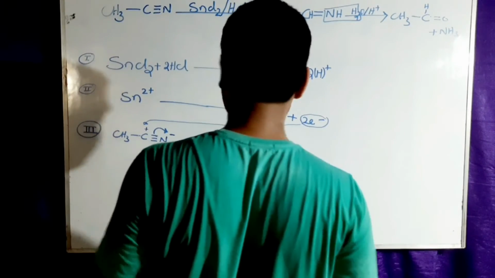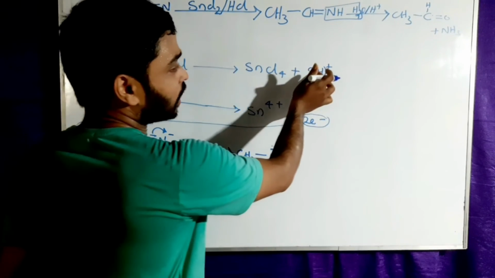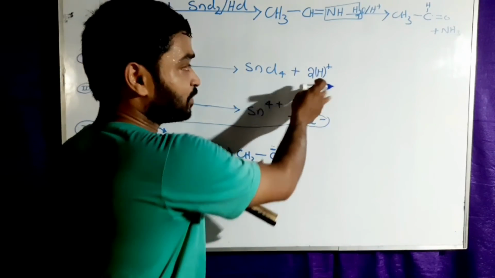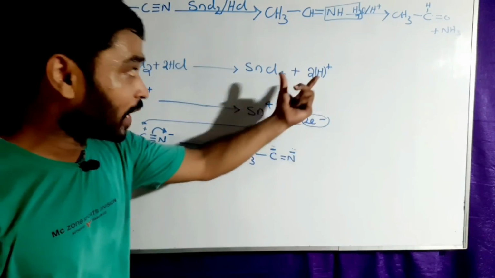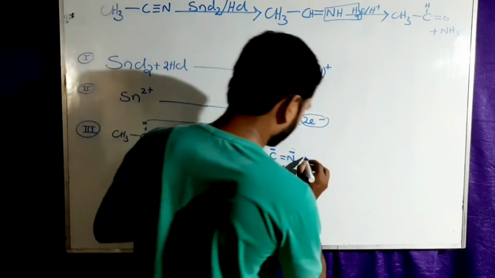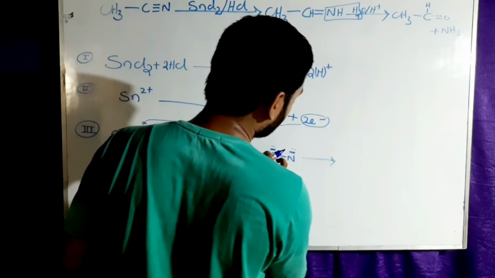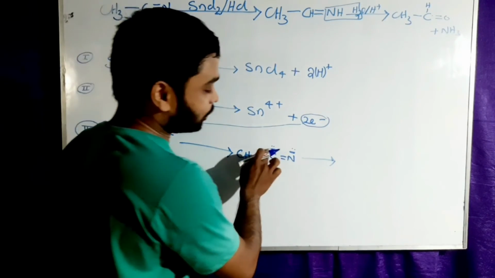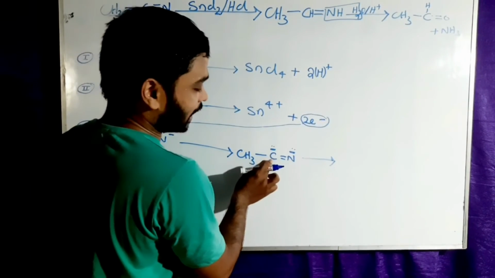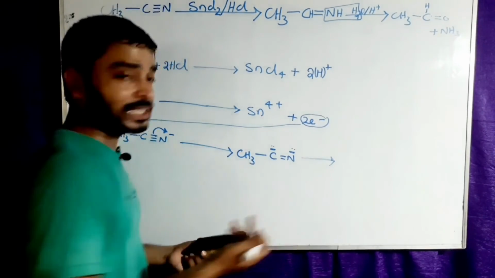So what will happen here? Due to the presence of negative charge over the carbon and nitrogen, the hydrogen atoms get attracted towards both atoms. That means here 2 hydrogens are present, so the 2 hydrogens will come, 1 for carbon and 1 for nitrogen, and get bonded to satisfy the valency.